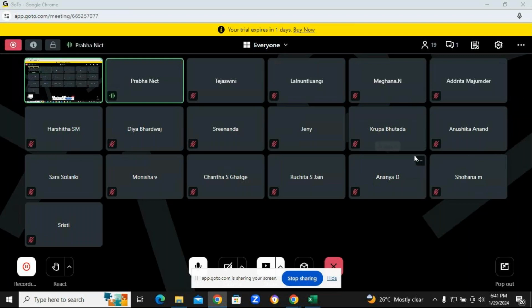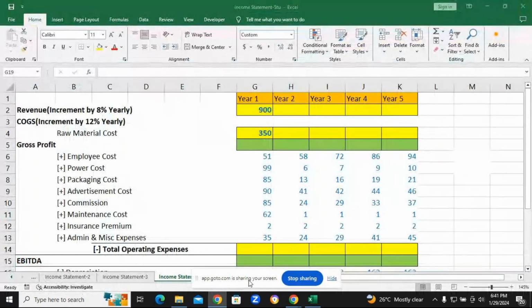Okay, so let's solve that fourth and fifth income statement, and then we'll proceed further to the balance sheet. I hope you have opened up the income statement.